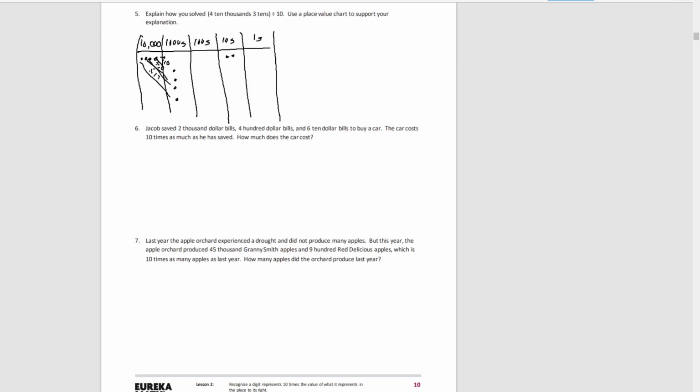So now I have 4,000. I'm going to do the same thing with the tens. I'm going to divide by 10 to get 1, and divide by 10 to get 1. So I have 2 ones. So my answer would be 4,002.